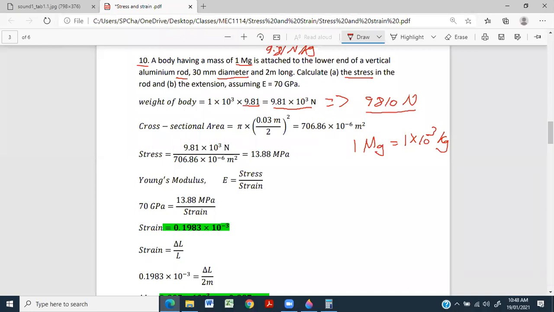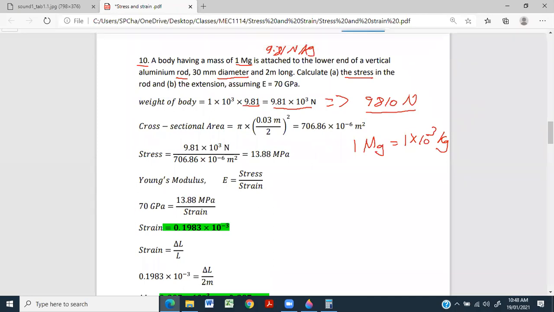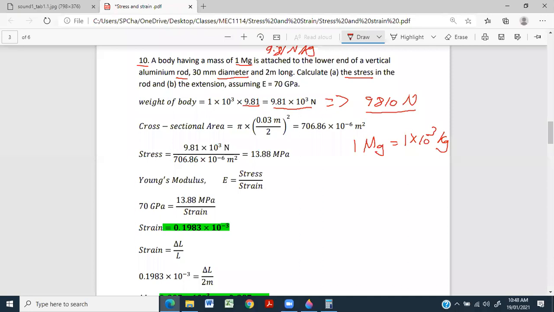Sir, if it's mega, it's now 1 times 10 to the 6? Good question. 1 megagram is equal to 1 times 10 to the 6 grams.